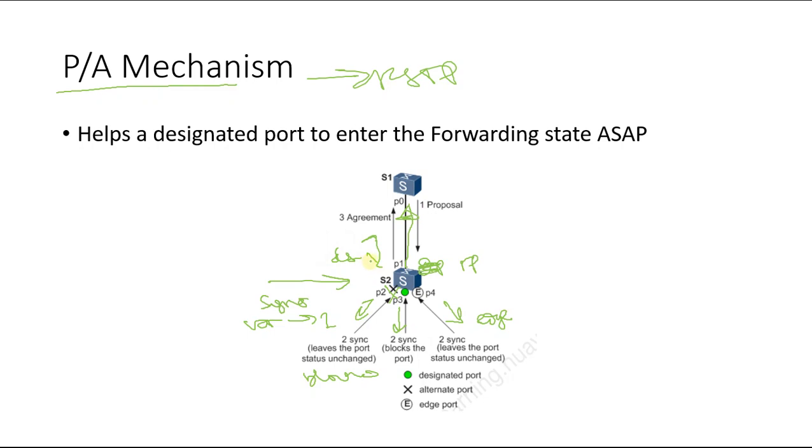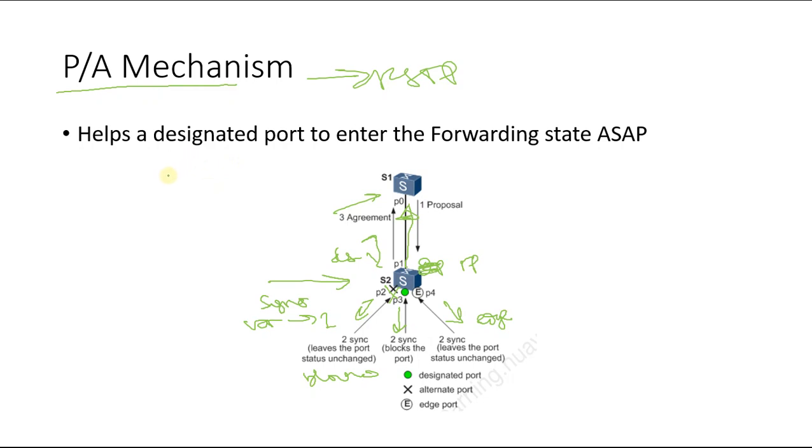Okay, and P1 sends the RSTP BPDU with the agreement field being 1 to S1. The RSTP BPDU is the same as the one that was received, except that the agreement field is set to 1 and the proposal field is set to 0. After receiving this RSTP BPDU, S1 identifies it as a reply to the proposal that it just sent, and P0 immediately enters the forwarding state.